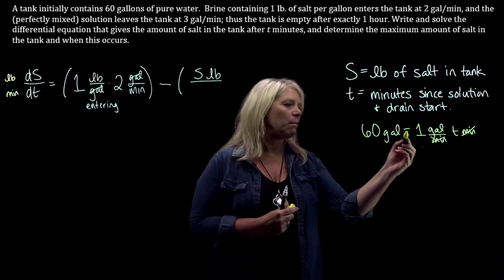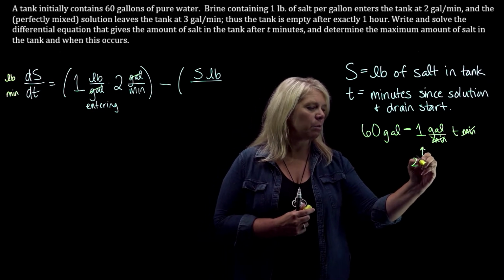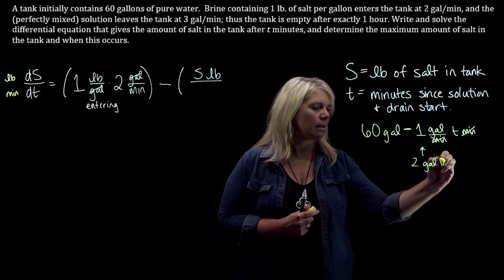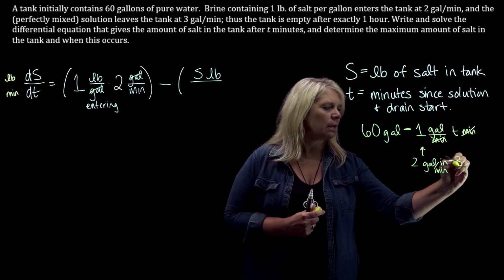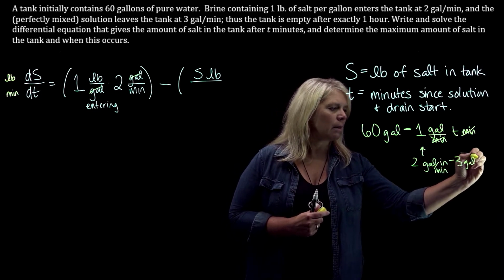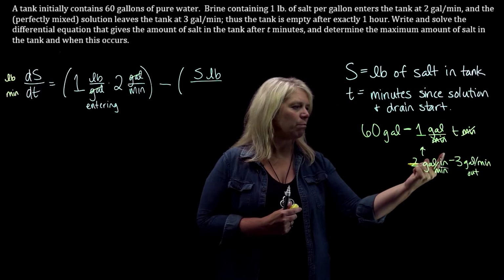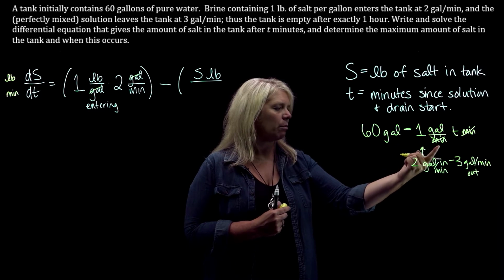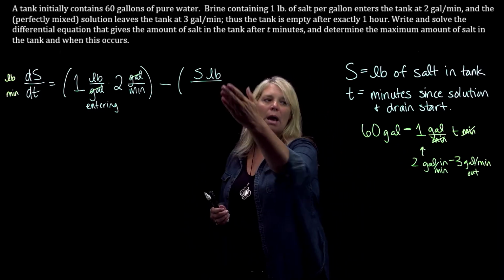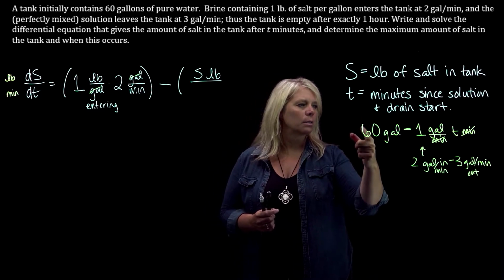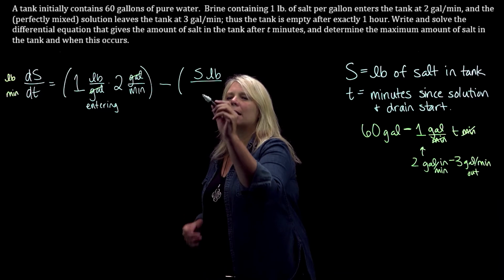The reason I have minus 1 here is because we had the 2 gallons per minute going in minus the 3 gallons per minute out. So that's a net change of minus 1 gallon per minute when we have that flowing out. Okay, so S pounds per 60 minus t gallons.